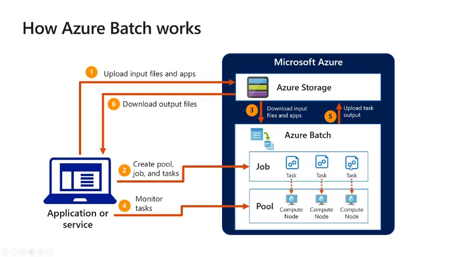You create a job which is divided into multiple tasks, and then you download the input files and apps, you monitor the tasks, you upload the task output, and then you download the output files.